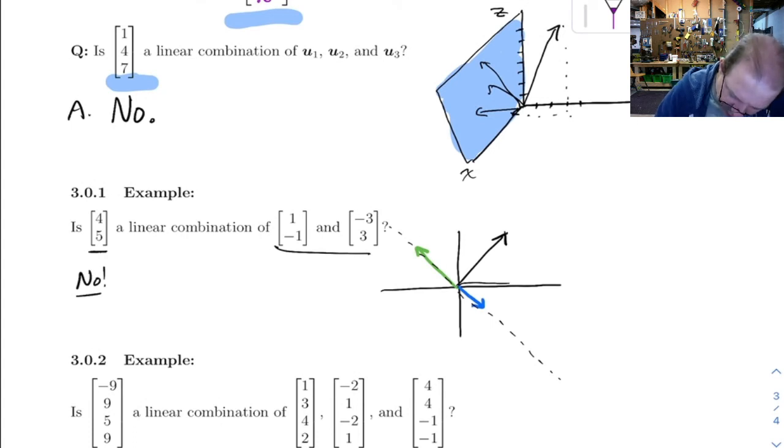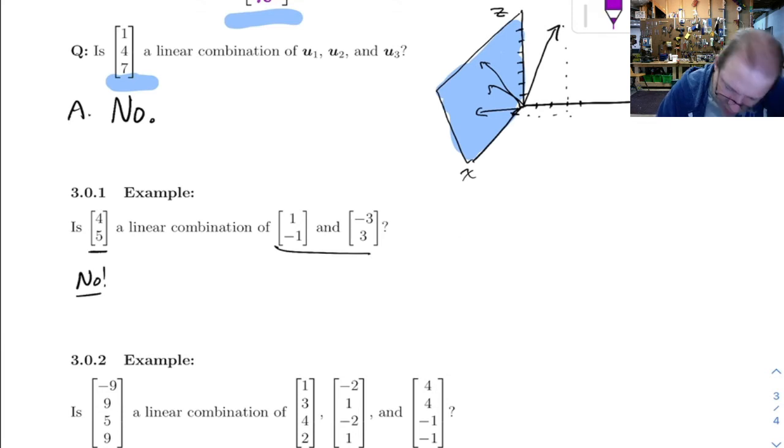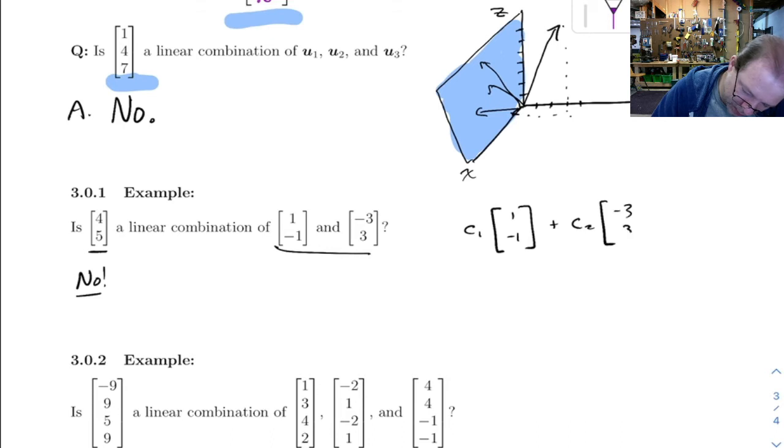I'm gonna erase my picture so that I have space here. So what you do is you just set up a coefficient times the first vector plus a coefficient times the second vector equals 4, 5.